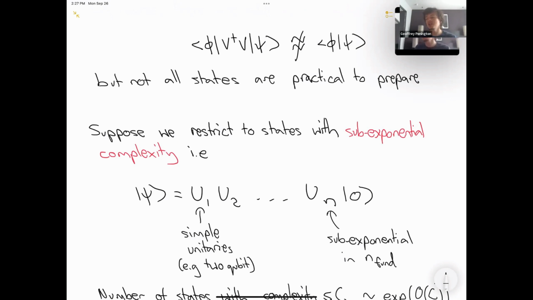Okay, so suppose we just restrict ourselves to states with sub-exponential complexity. So states that can be prepared from some particular simple state by some sequence of simple unitaries, so unitaries that act only on a couple of qubits at a time. And that sequence is going to consist of a number of unitaries that's sub-exponential in n fundamental, in the Bekenstein-Hawking entropy.